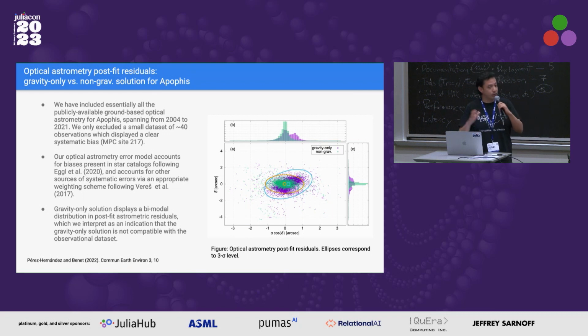But if we take into account also non-gravitational effects, such as the Yarkovsky effect, which is similar to solar radiation pressure, a radiative effect, then we can indeed fit all the optical astrometry. And we have the residuals behaving as a Gaussian. So we don't have any systematics going on in there.